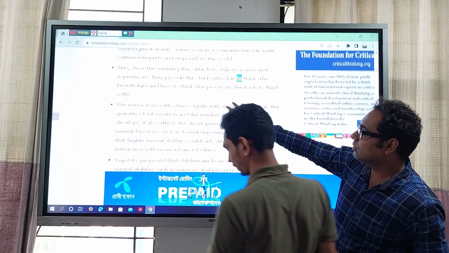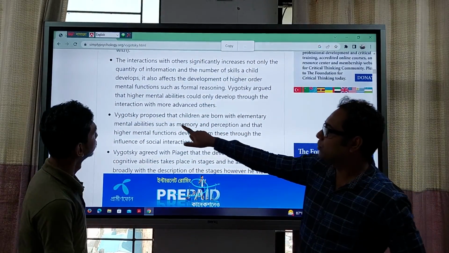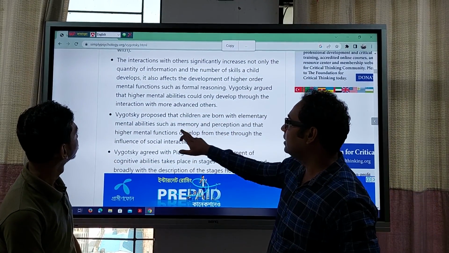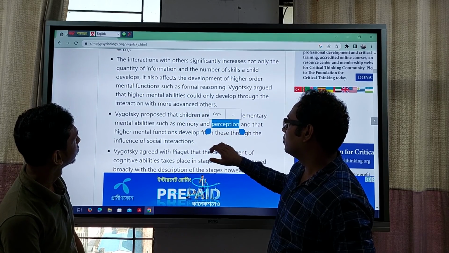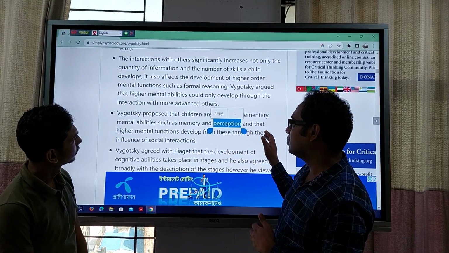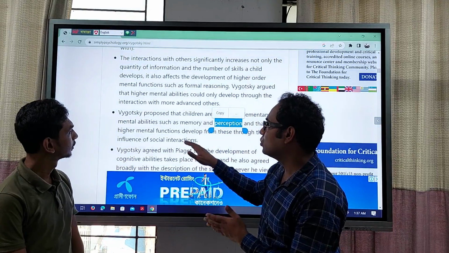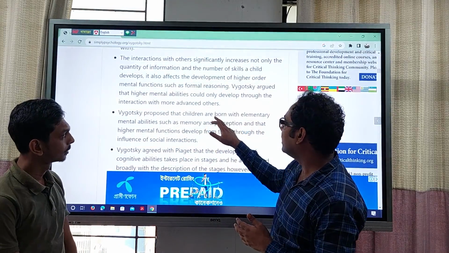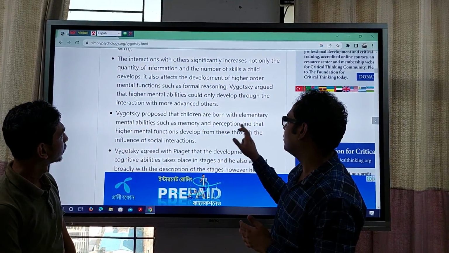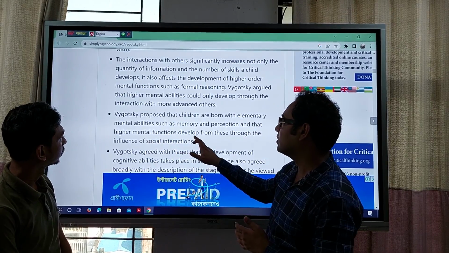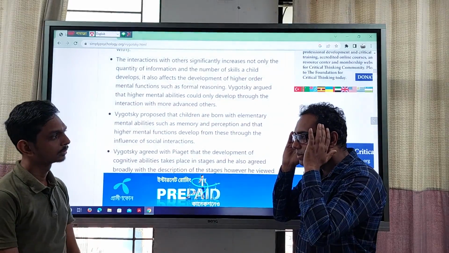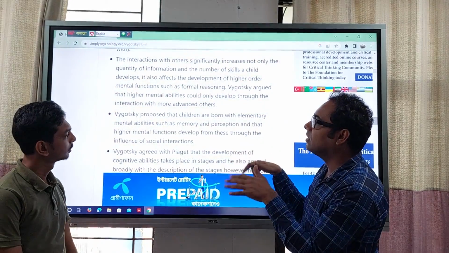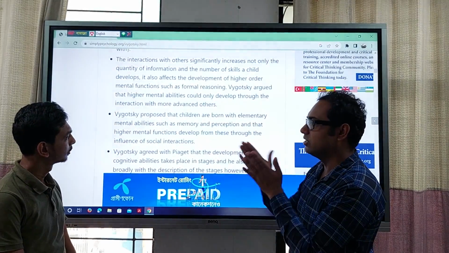All right. So, last thing is Vygotsky proposed that children are born with elementary memory and perception. So children are born with elementary mental abilities, memory and perception, and higher mental functions develop through social interactions.